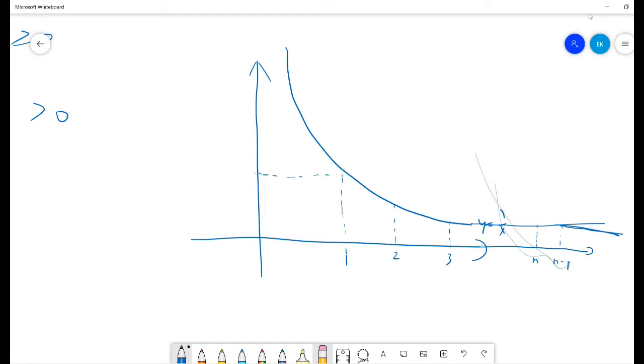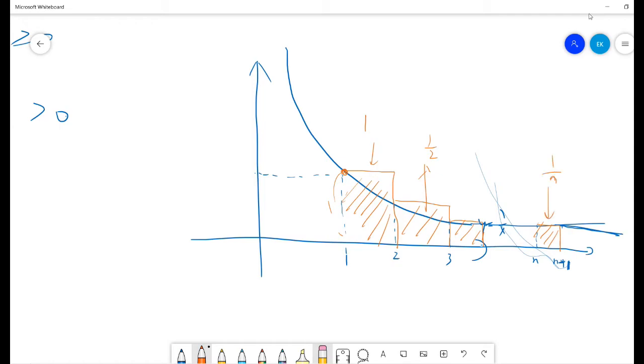This is 1, and the area of this red rectangle is 1. This is 1 over 2, and you keep going until you get this, 1 over n.